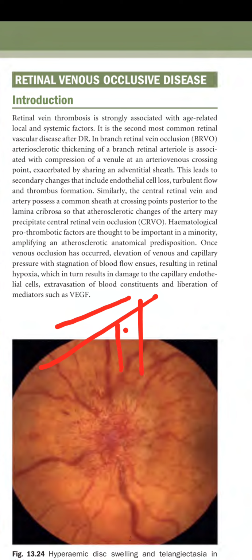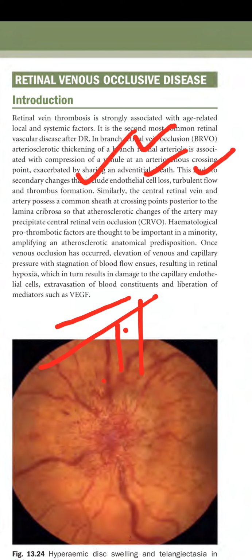That is what causes the retinal venous occlusion. This leads to secondary changes that include endothelial cell loss, turbulent flow, and thrombus formation.